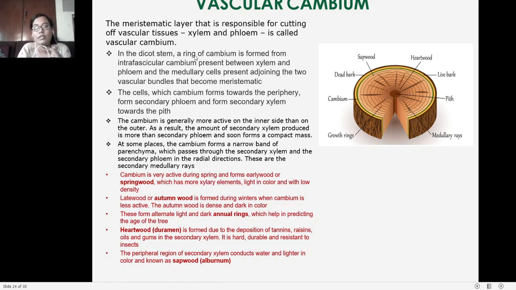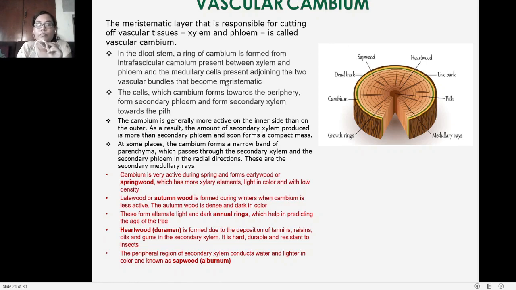In the dicot stem, a ring of cambium is formed from the intrafascicular cambium present between xylem and phloem, and the medullary rays present adjoining the two vascular bundles, which become meristematic. So amongst the xylem and phloem we have intrafascicular cambium, and also the medullary rays are present between two adjoining vascular bundles.